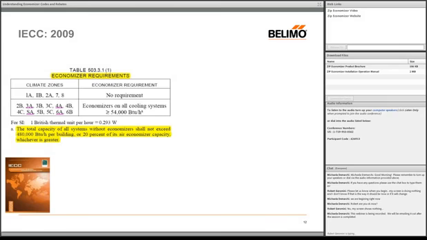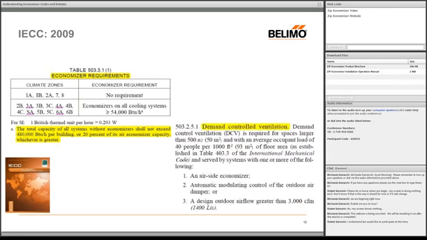IECC 2009 moved some of the climate zones that did not require economizers to the zones that did require economizers for units greater than 54,000 BTUs. They also incorporated demand control ventilation into their codes and standards, which really leveraged what exists in ASHRAE standards.